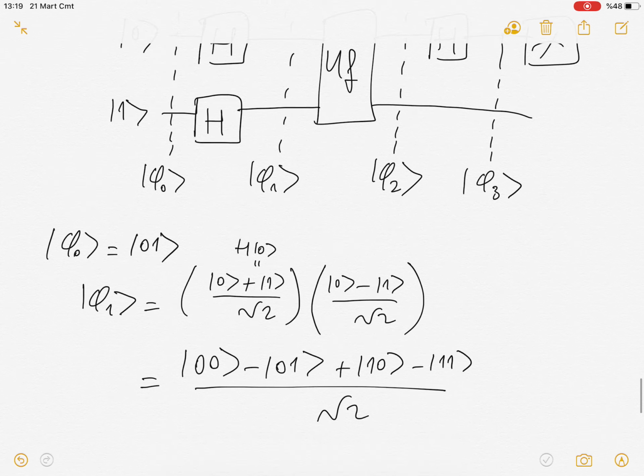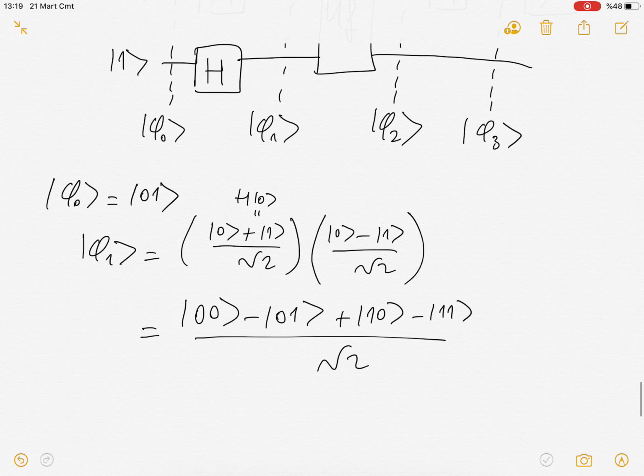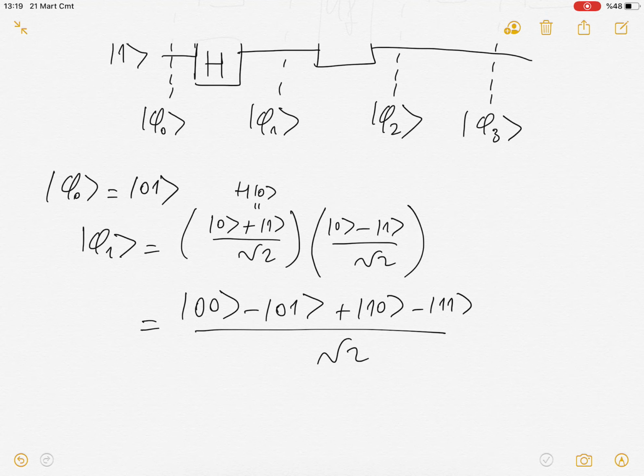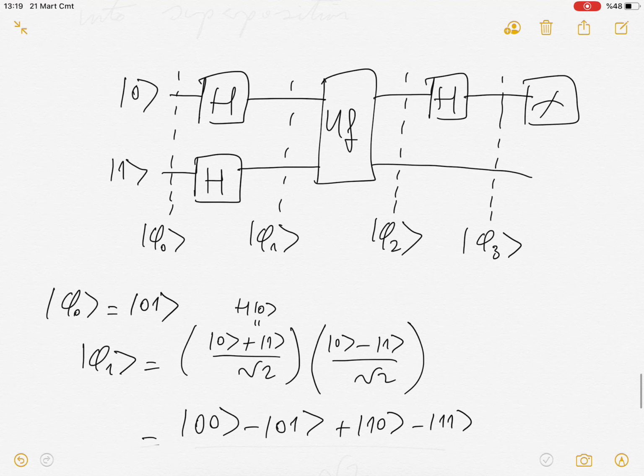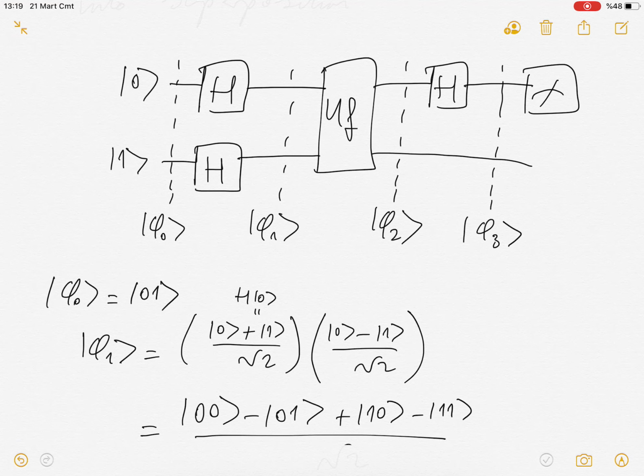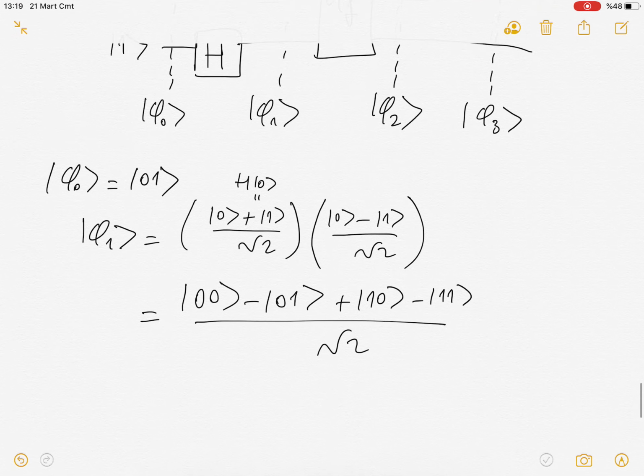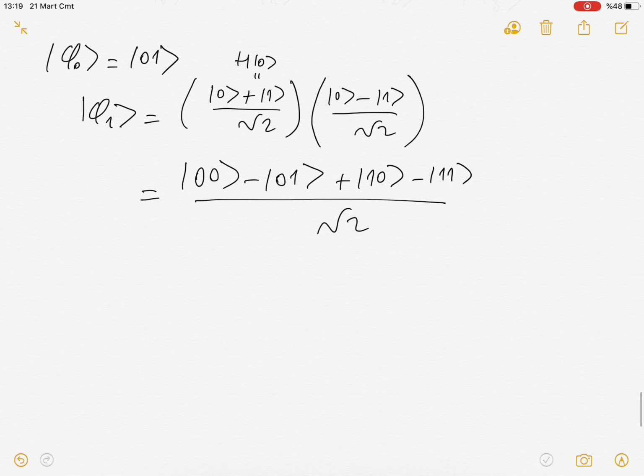So we have the same situation here. The second qubit of phi 1 is the negative phase superposition, right? So this is actually the input, the second input of UF. So then, let's write this as a note.